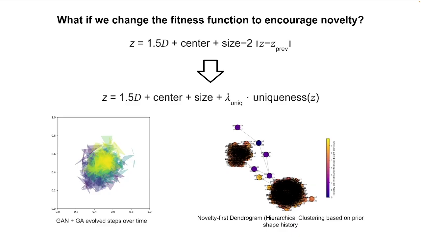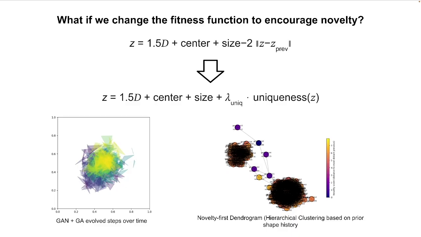So remember, we have this latent space that we sample from and we select from, and then the outputs of selection are in this language of different shapes. But what we can do actually is create a dendrogram, which is a form of tree. And we can plot this out where we have this novelty first dendrogram.